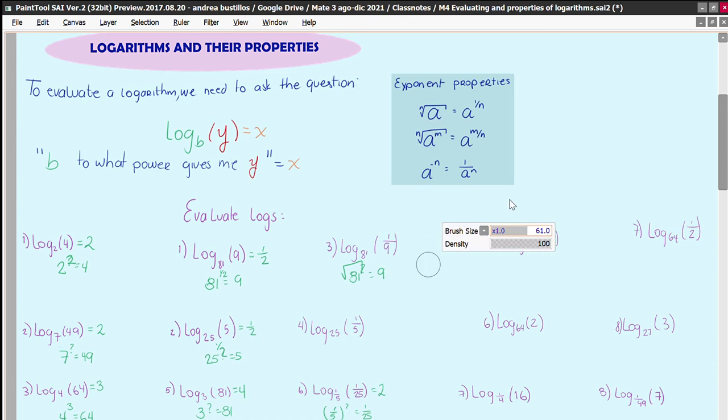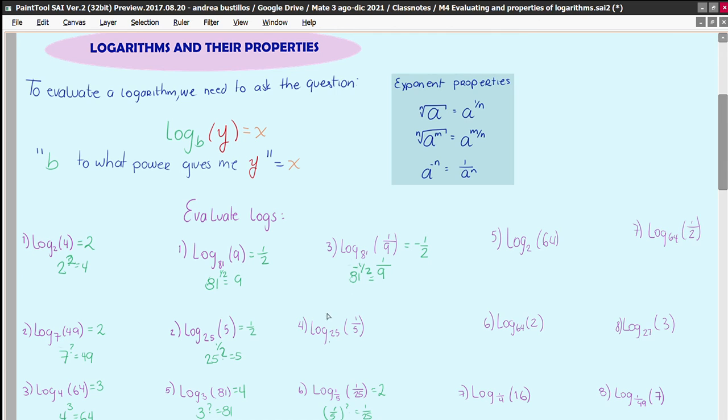That means that 81 to the power of 1/2 is 9. But also, you know by the exponent properties that if the exponent is negative, then your answer can be the reciprocal, meaning that if this exponent is negative, I can obtain 1/9. So the answer for this exercise is negative 1/2.